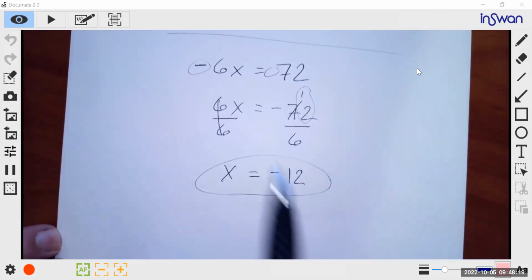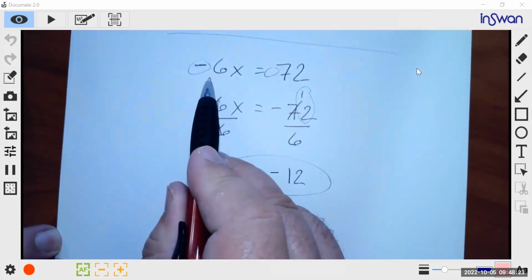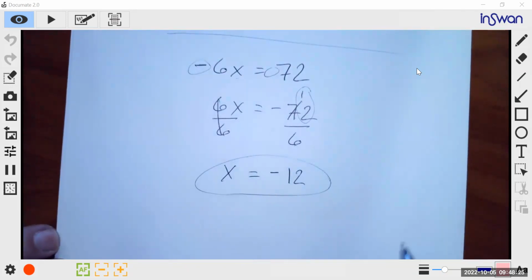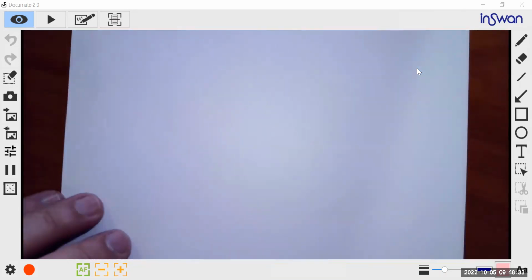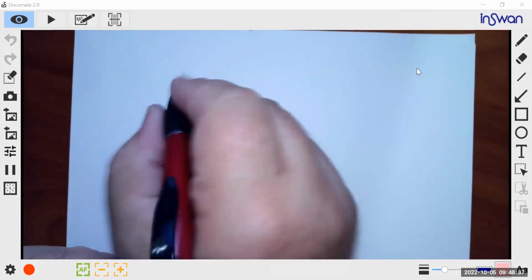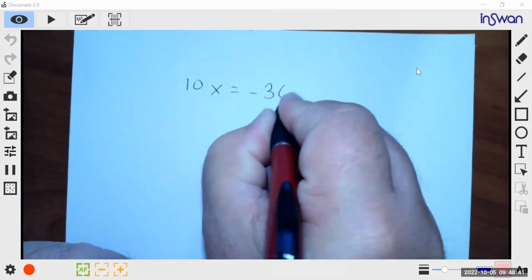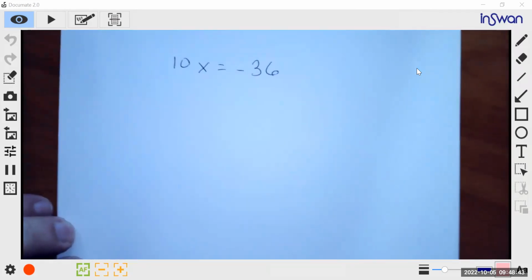Right. Make sure your coefficient of X is positive first. And then get rid of the coefficient. So treat the signs and the numbers separately. How about this one?